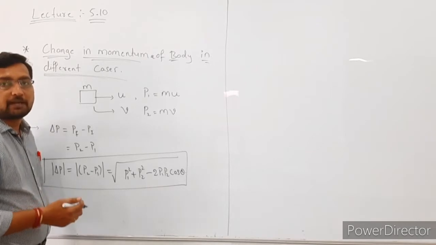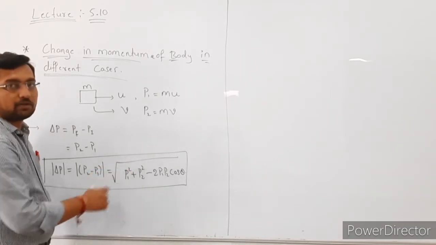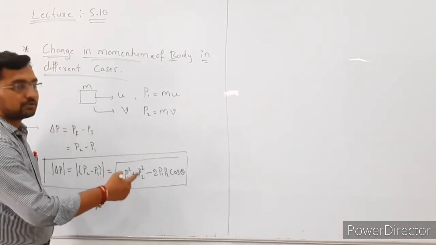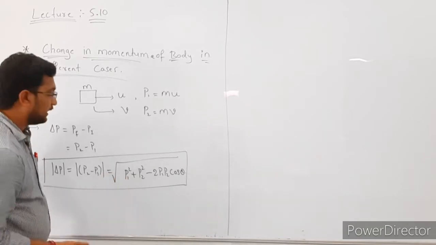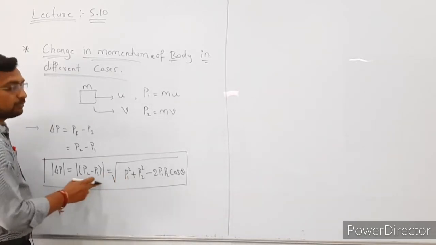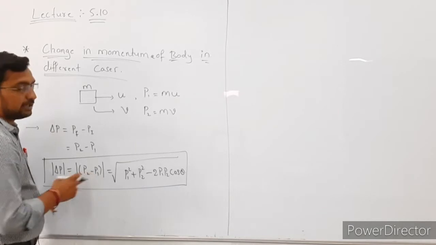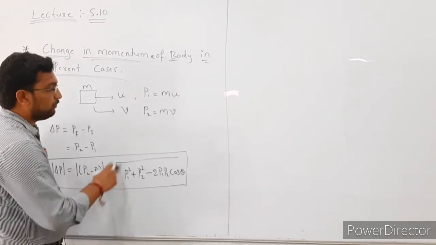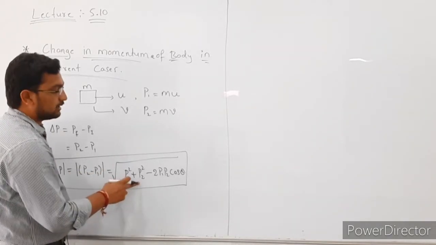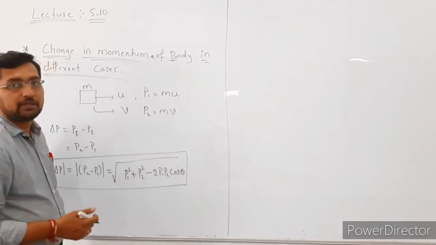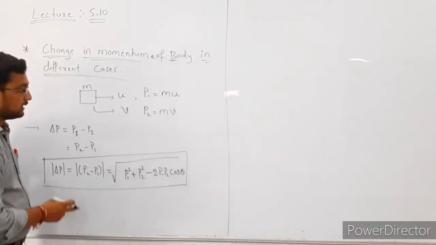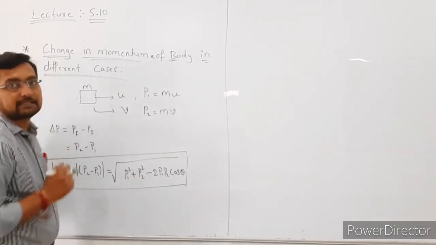With the help of parallelogram vector addition, that is the square root of a1 square plus a2 square minus 2 a1 a2 cos theta. Similarly, the magnitude of p2 minus p1, final momentum minus initial momentum, is equal to the square root of p1 square plus p2 square minus 2 p1 p2 cos theta. So this is the change in momentum in this case.